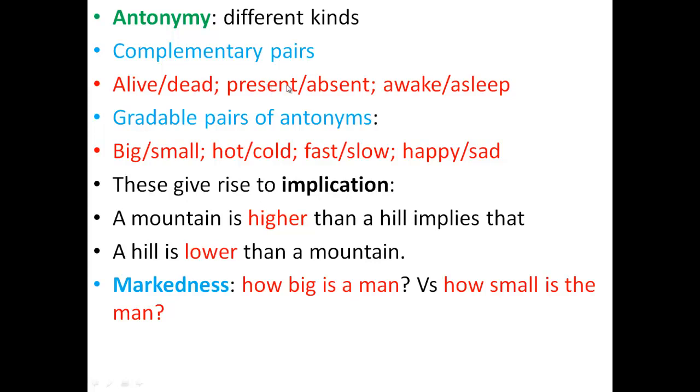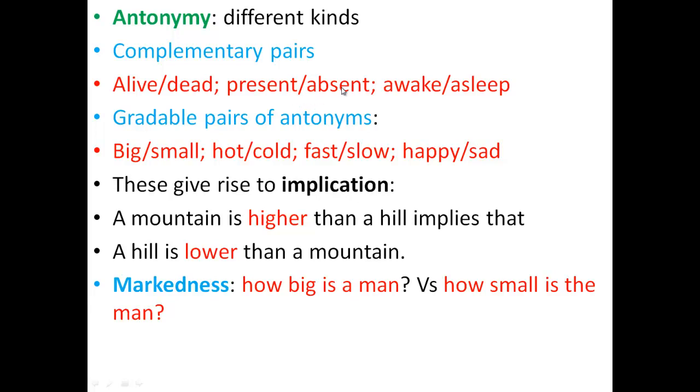Same thing in here, present, absent. Let's begin with the assertion of the one. X is present. It leads to the negation of the other. X is not absent. Now, if I begin here with the negation of the one, X is not present, it automatically means that X is absent.